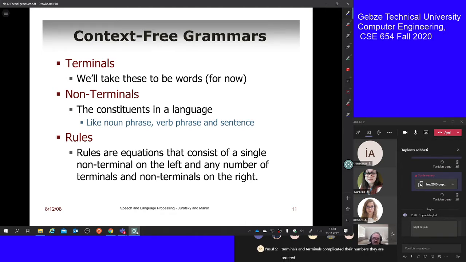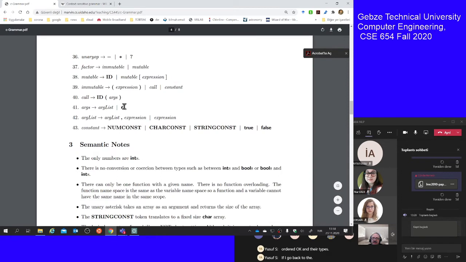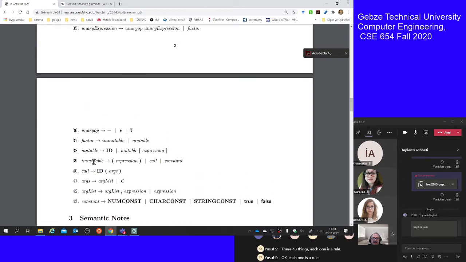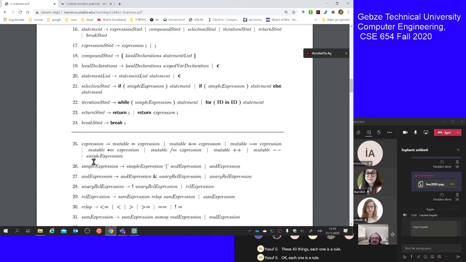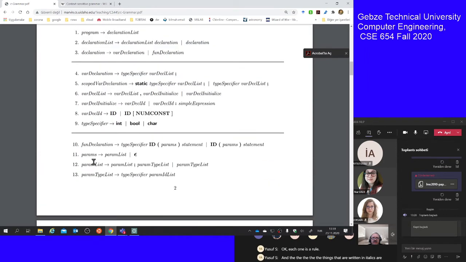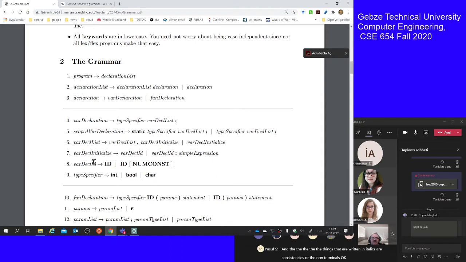If I go back to the C grammar here, each one of these 43 things is a rule, and the things written in italics are constituencies, or the non-terminals.